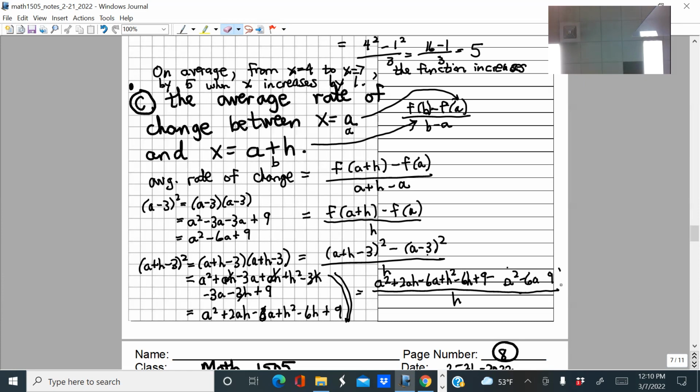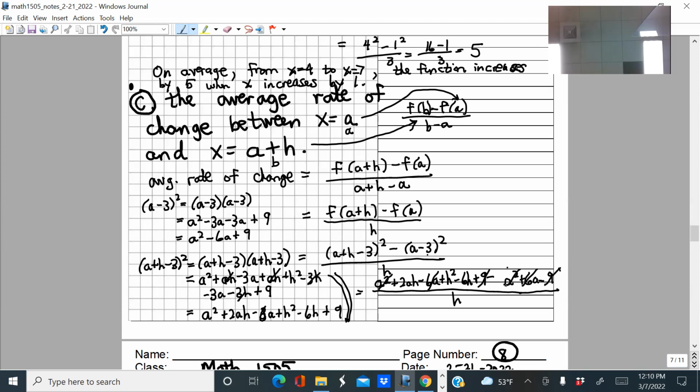Yeah, plus 6a and minus 9. Now the reason that's important is what cancels now. Let's start looking. Yeah. So this 9 goes away, right? The 6a's go away. Ooh, that's beautiful. And the 9's went, and the a squareds went away.